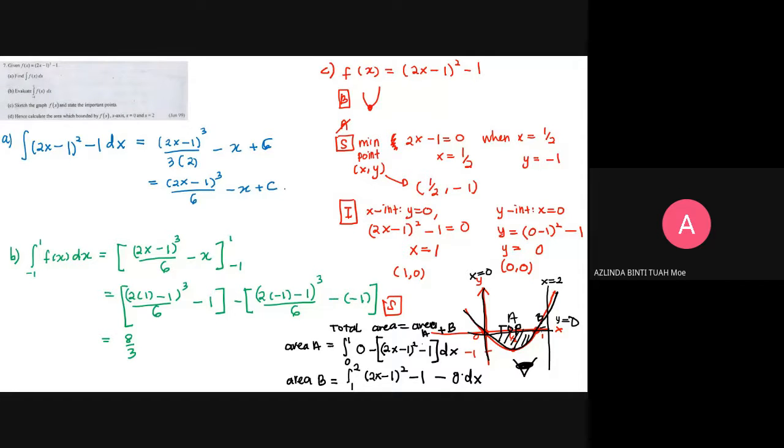Bukan juga. 2/3 kah, madam? 2/3 yang apa? A ke B? A, madam. Okay, yang A 2/3, yang B 10/3. Okay, 10/3. So total 4, madam. Total area is 4.